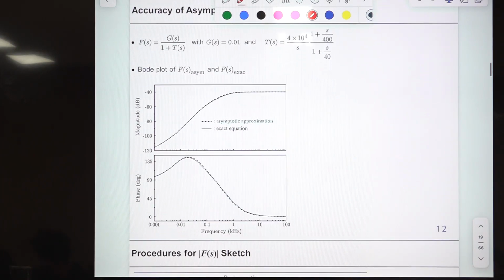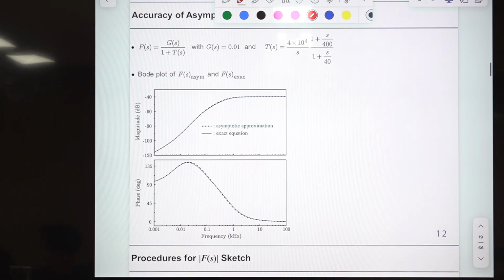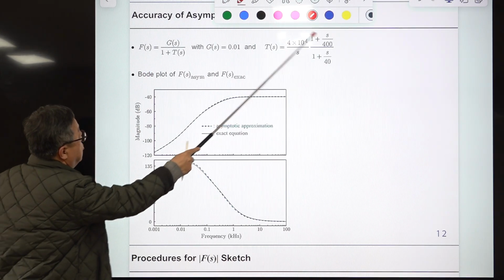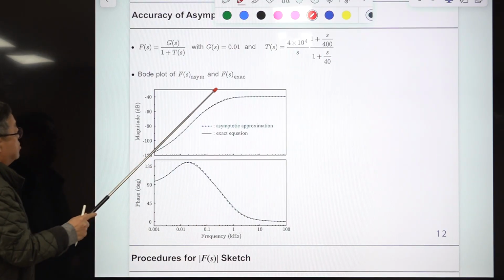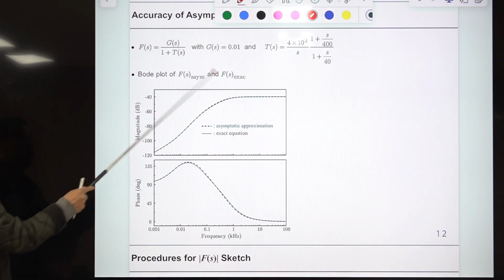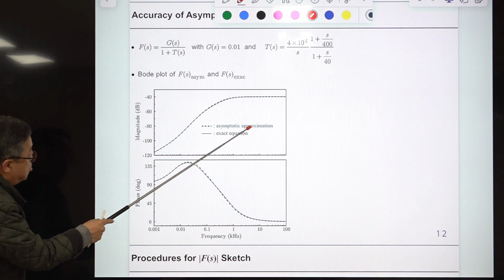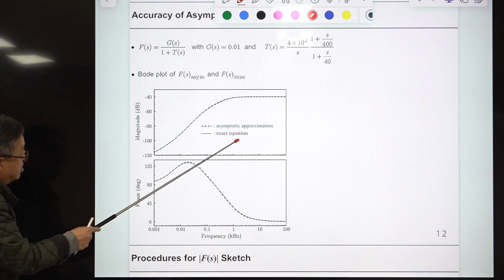negligible. Okay, I have two plots here, and this is the example. So I took this example. GS is this one, TS is this one, and I plot the result of exact analysis and result of asymptotic analysis. One is asymptotic approximation, another one is exact equation.